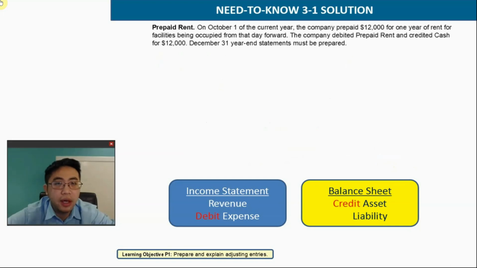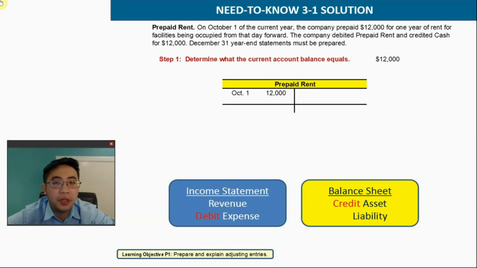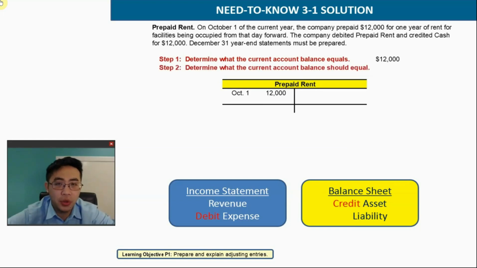All right, and then next, prepaid rent is a similar story. The prepaid rent started on October 1st at $12,000, that's how much you have paid, that's how much is sitting in your account. But at the end of the year, it's time to produce the year-end financial report, and we have to check what the remaining value for the prepaid rent should be.